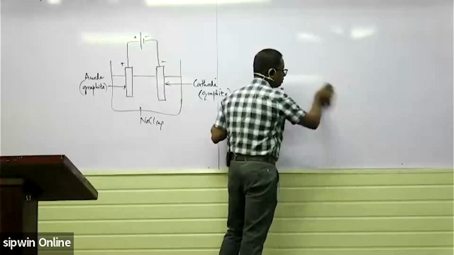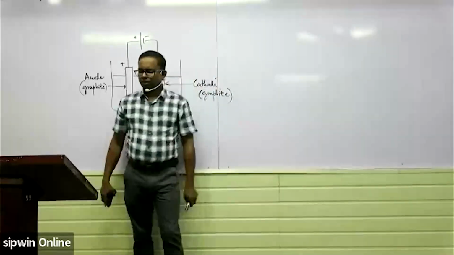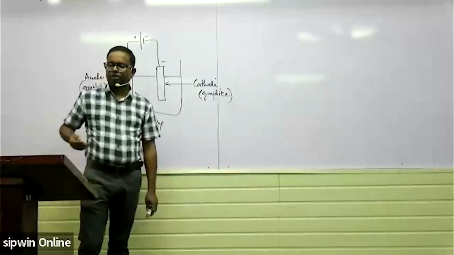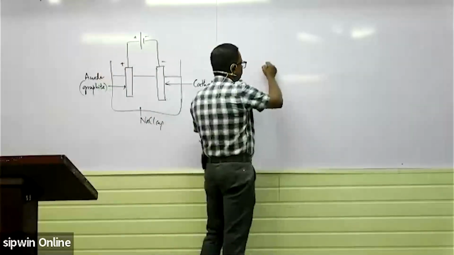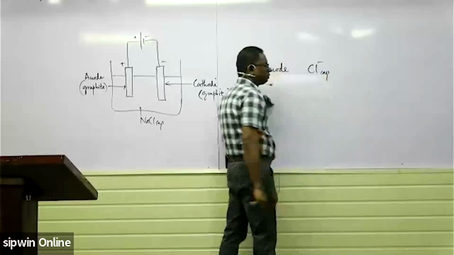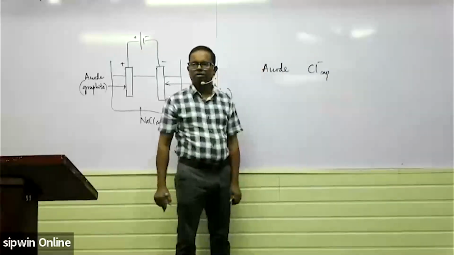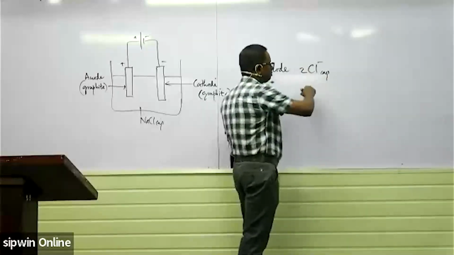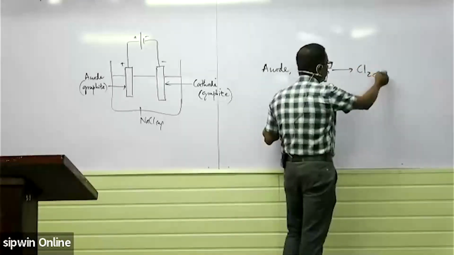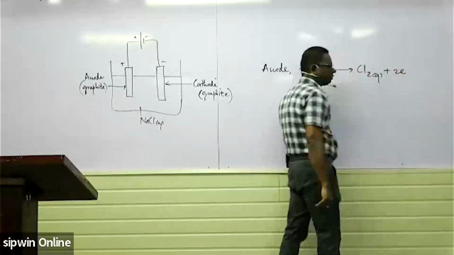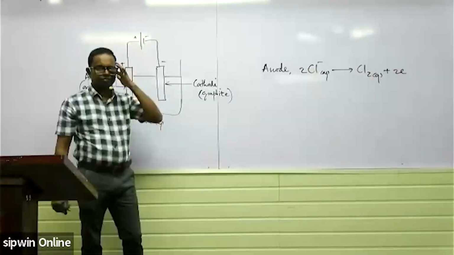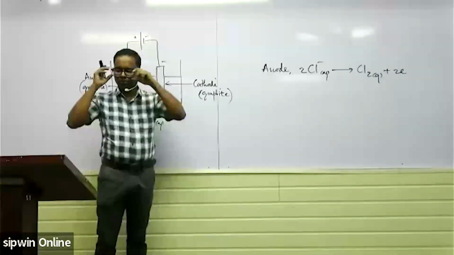Now write the anode and cathode reactions. Anode: chloride into chlorine, 2Cl minus gives Cl2 gas plus 2 electrons.